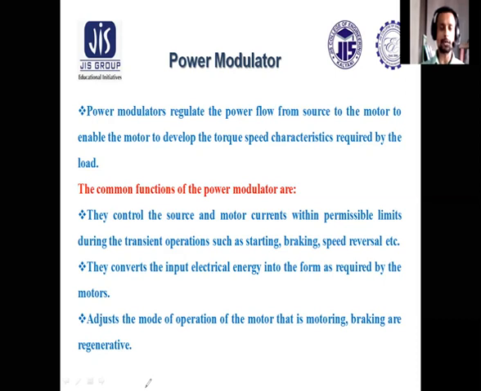The power modulator block will invert the DC into AC so that the AC motor could be run. The power modulator also adjusts the mode of operation of the motor, that is motoring, braking, and regenerating. Whether the motor should work in motoring mode, braking mode, or regenerative mode can also be operated by the power modulator.